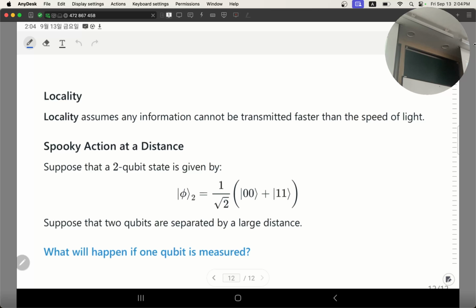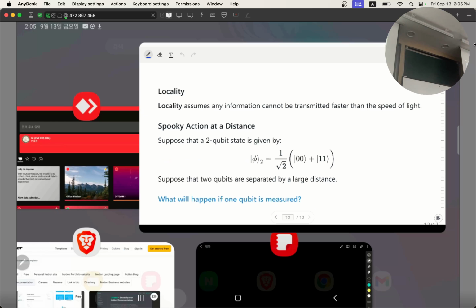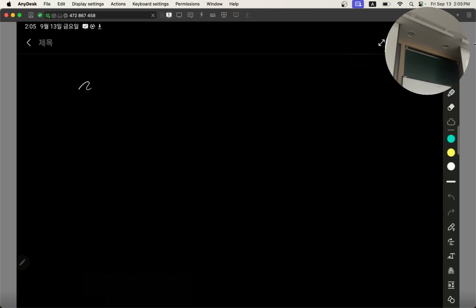So how do you make an entangled state? It's easy. Let's make an entangled state. It's not science fiction. It's a state that really exists. Not sure whether I mentioned this before. So here we have 2 qubits.